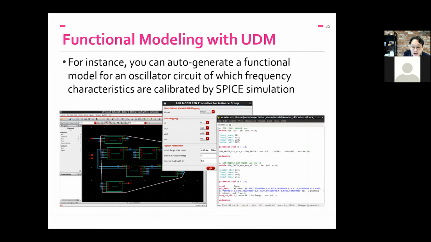Then the model will say, okay, I will measure the clock frequency as a function of the voltage, describe that as a piecewise linear function where all these characteristics are populated by SPICE. And then I use a primitive called frequency to clock primitive that will generate the clock with that frequency.